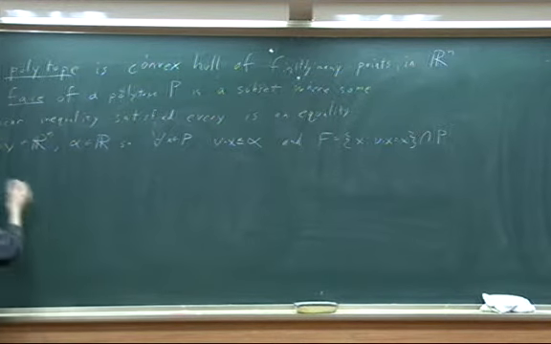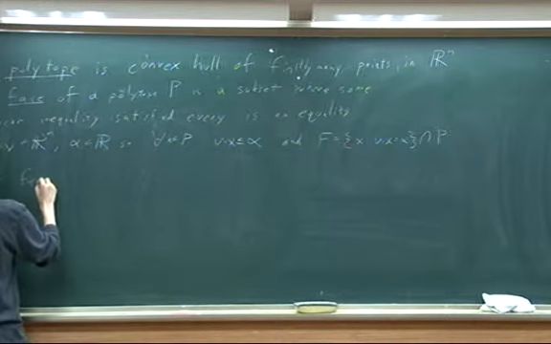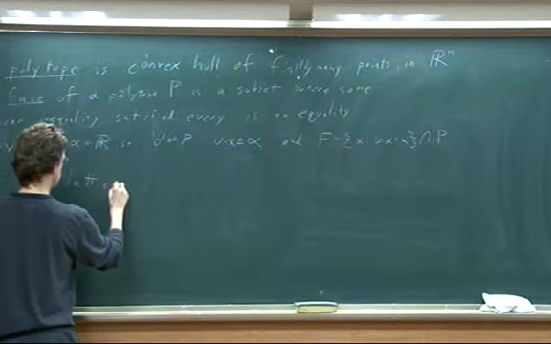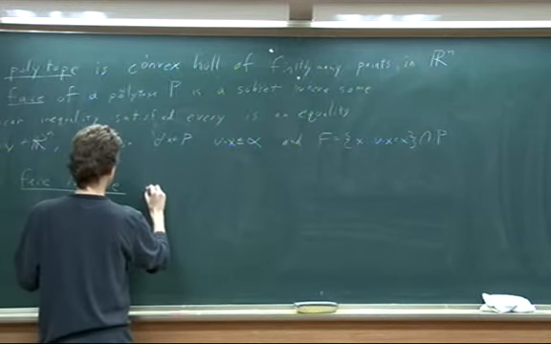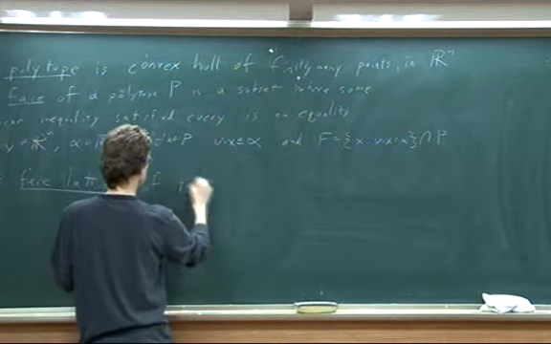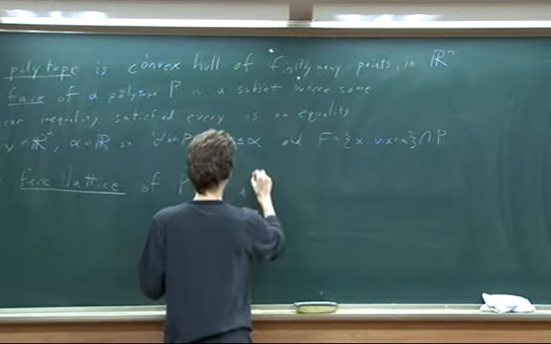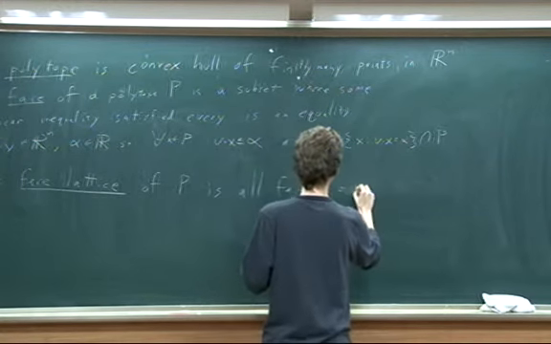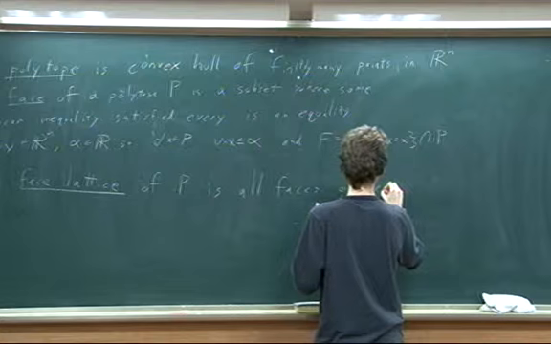So, and the face lattice of a polytope, just say P, is all faces ordered by containment.